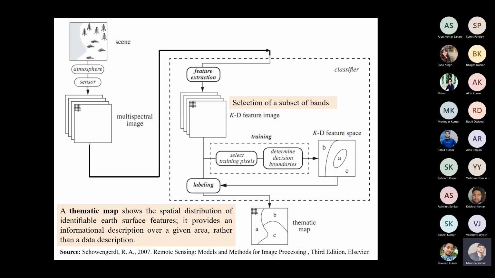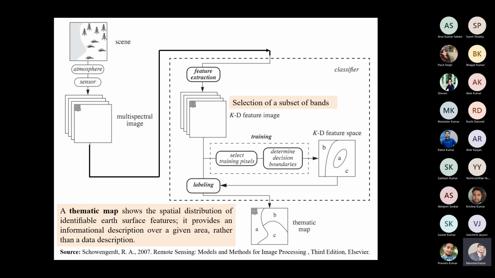Let's say the intended classes we want to generate are vegetation, water, and soil, 3 classes. Through the training, we select digital numbers in the red, green, and NIR bands from vegetation, from soil, and from water, either from the image itself or by visiting the field.